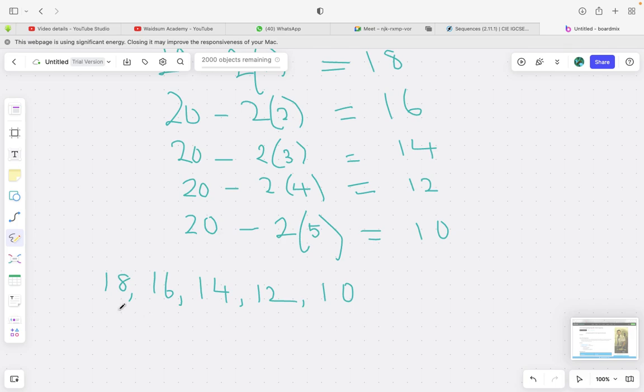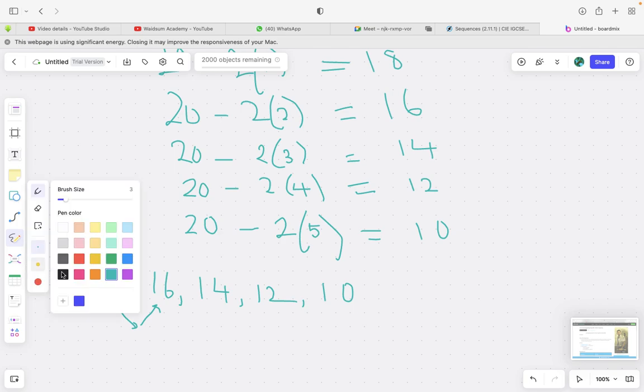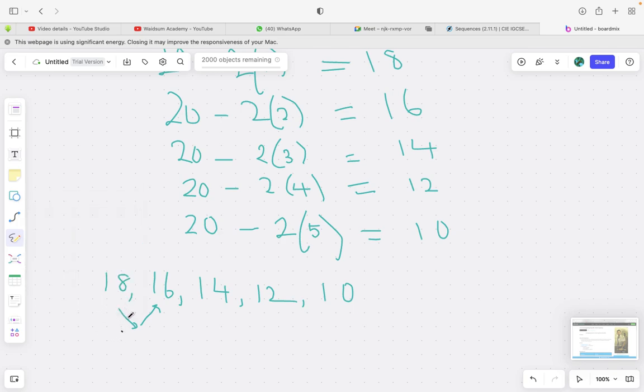If you want to find the common difference, you agree with me that it will be minus 2. Why? Because we always get the term to term rule by saying second term minus first term. 16 minus 18 is negative 2.